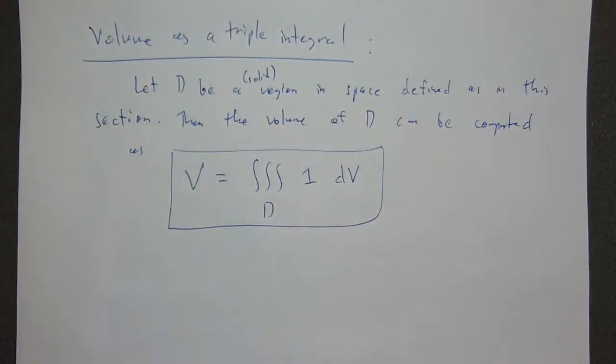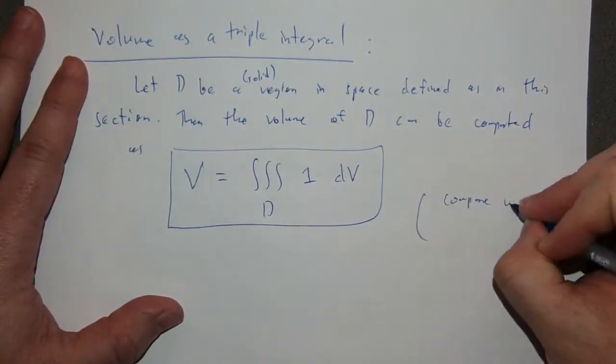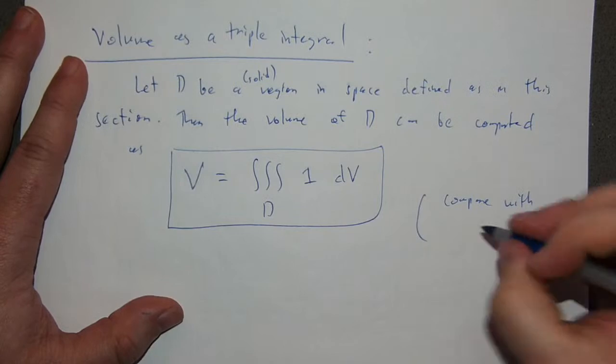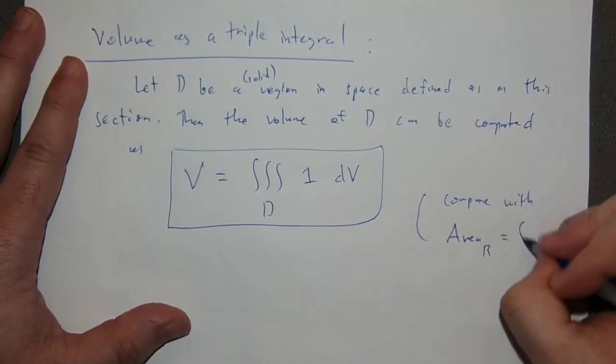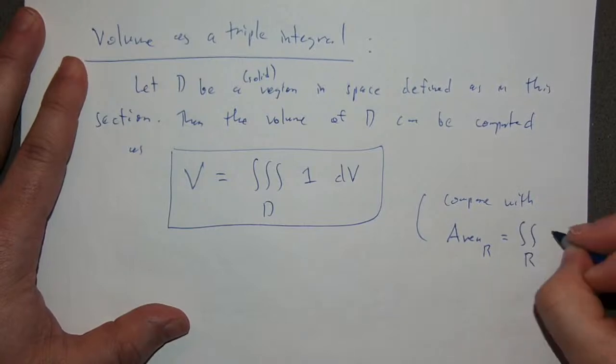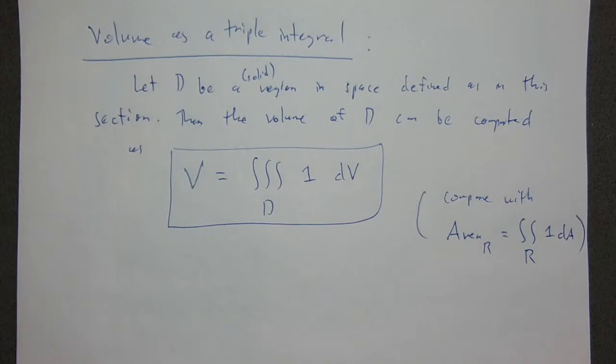Where have you seen something similar to that? Compare with what we knew about the area of R. The area of R could be written as the double integral over R of 1 dA. So this is very, very similar in form.